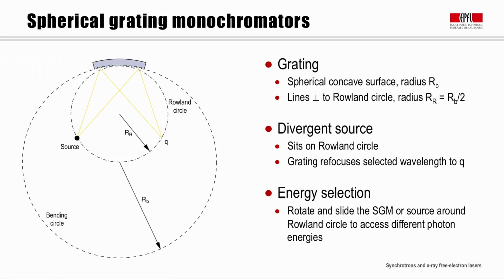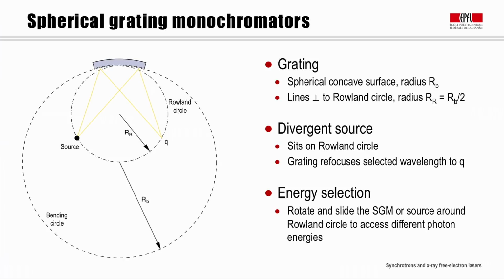As was briefly mentioned in the first video of this week, it's possible to bend dispersive elements such as gratings in order to simultaneously disperse the radiation, in other words to monochromatize, and to focus it at the same time. In spherical grating monochromators, or SGMs, the grating surface has a concave spherical form with a radius RB.